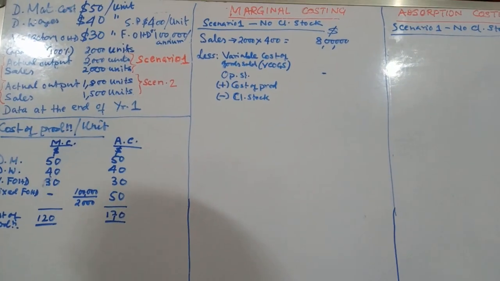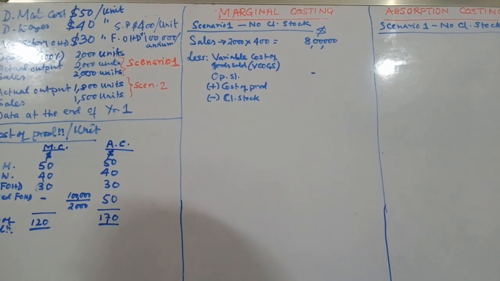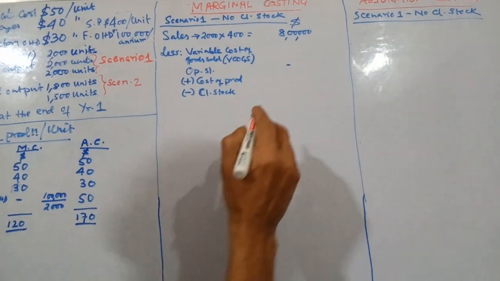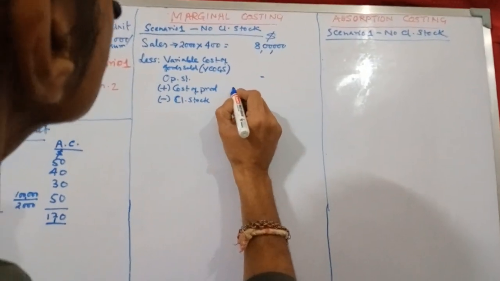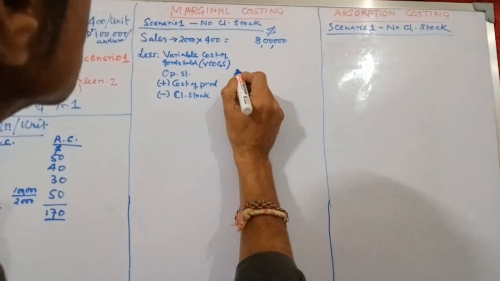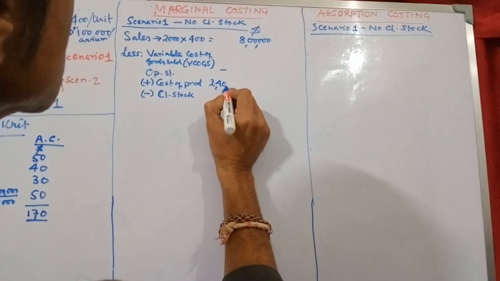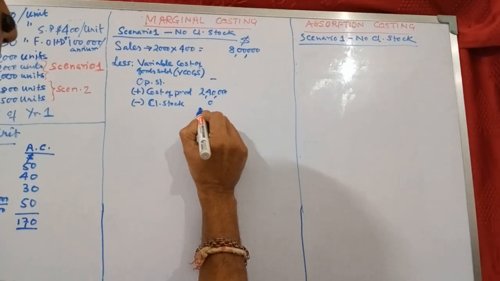So 2000 into 120, this comes to 2,40,000. And closing stock is 0.